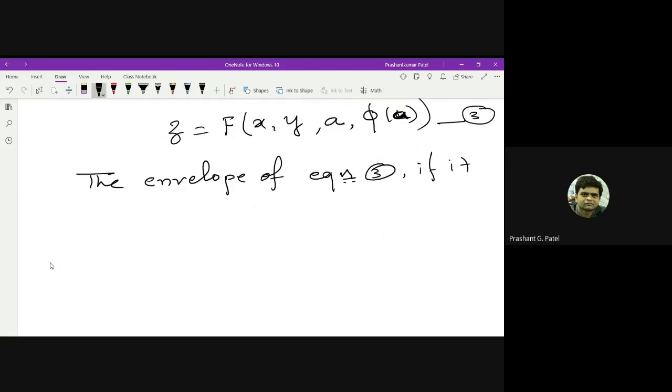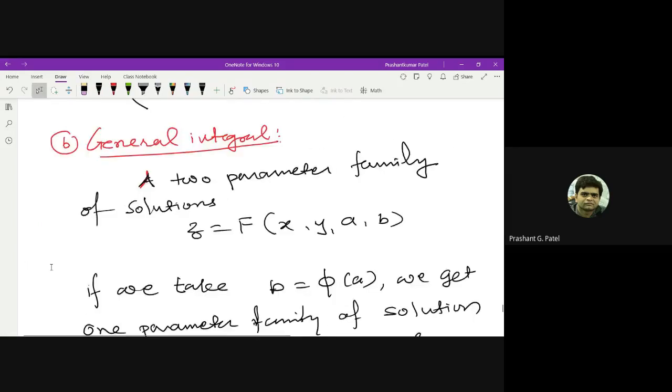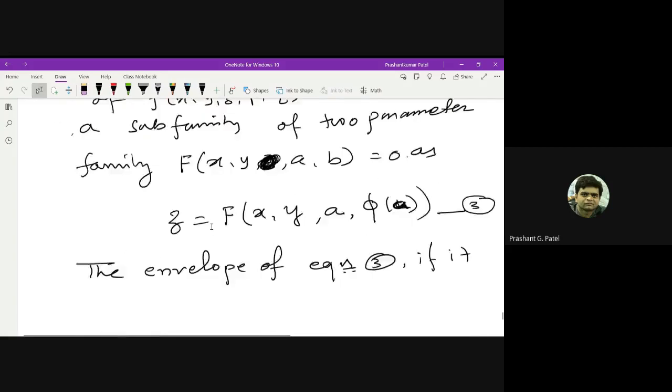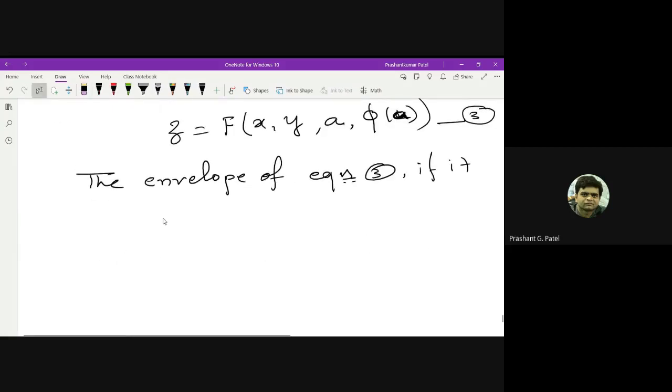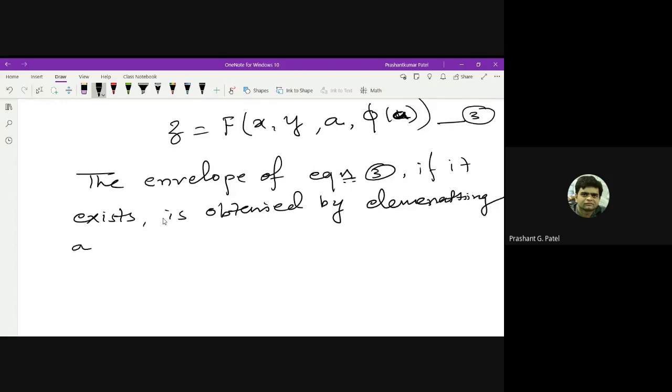If it exists, what is equation 2? This is equation 2. If it exists, it is obtained by eliminating a between 3 and its partial derivative with respect to a.